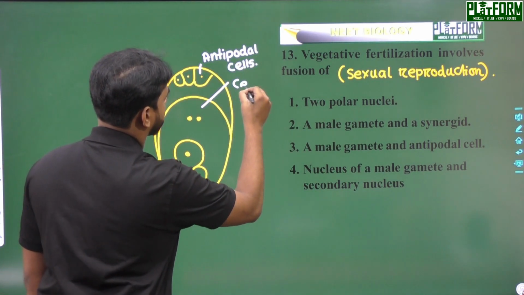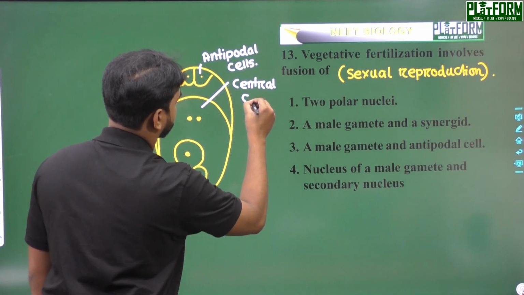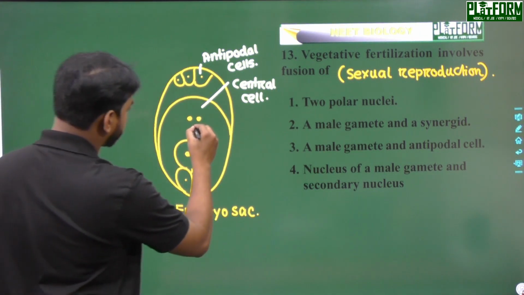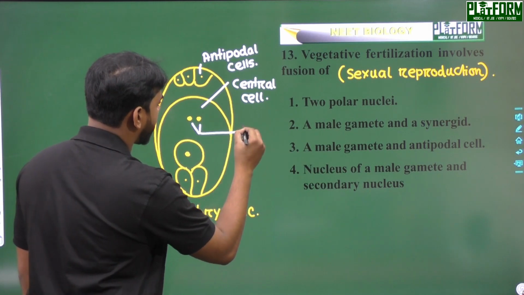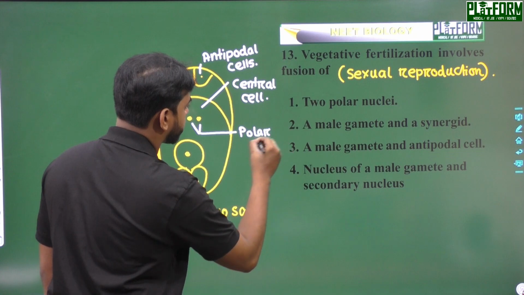This one is the central cell. The central cell with two small nuclei, that's known as the polar nuclei.